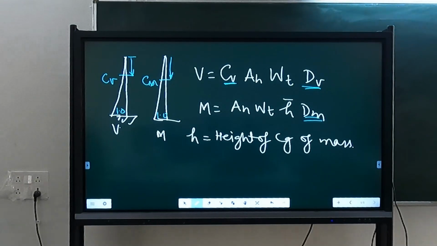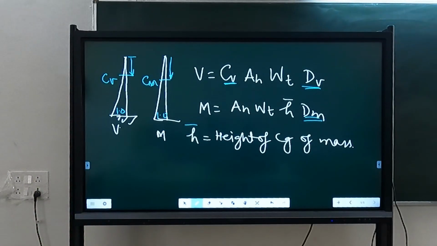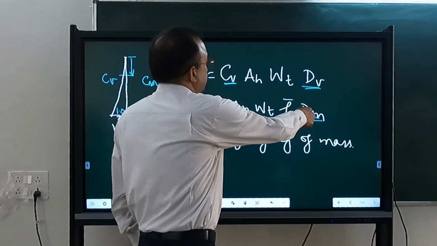Is it H or H bar? H bar. Then sir, it should not be the CG of the mass; it should be the centroid of the load distribution diagram. That is taken into account by dm.